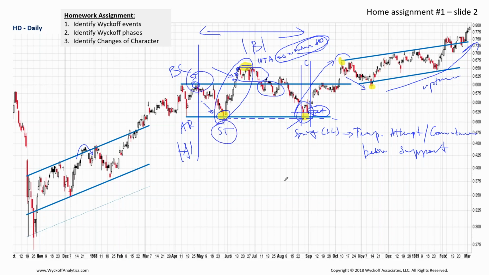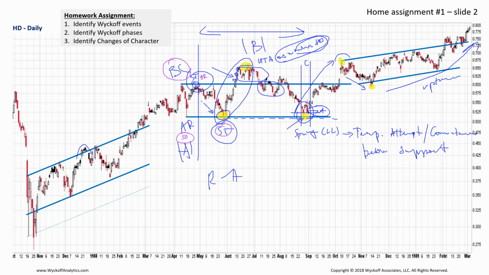Yeah, and that was my biggest issue with the labeling that I've seen in the reaccumulation, where this sequence does not make a lot of sense to me. I would rather sequence this in a different way. I would rather say buying climax and then a shakeout type of action, and then just say automatic rally and then secondary test. But sometimes it doesn't work like this.